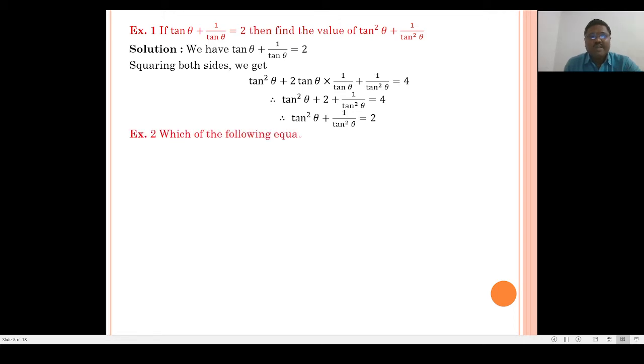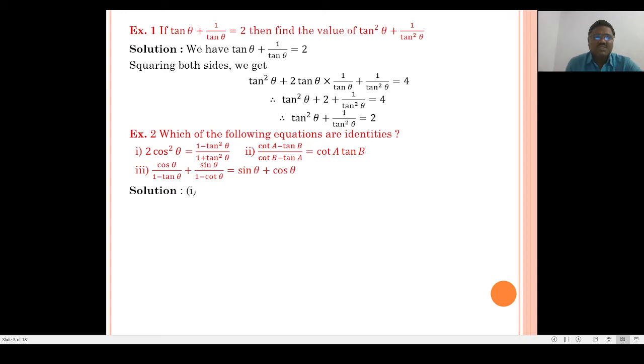Which of the following equations are identities? Check it. 2 cos square theta minus 1 equals 1 minus tan square theta upon 1 plus tan square theta. See the RHS of the first, 1 minus tan square theta upon 1 plus tan square theta.